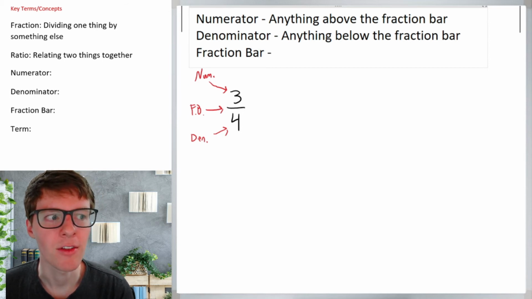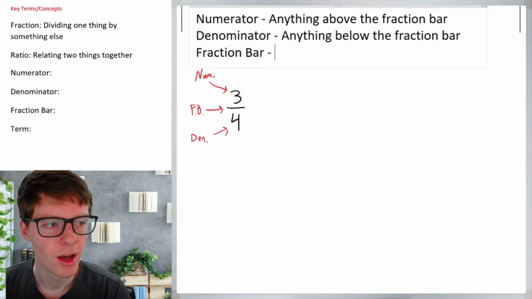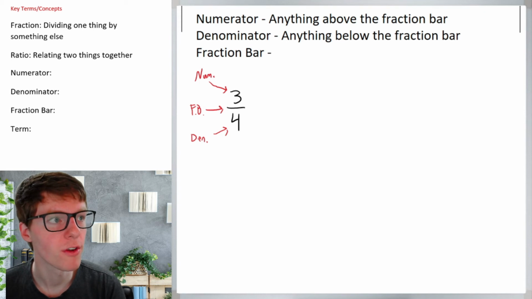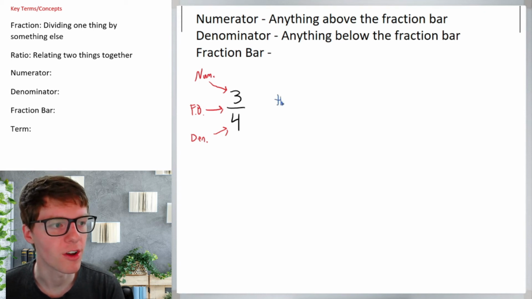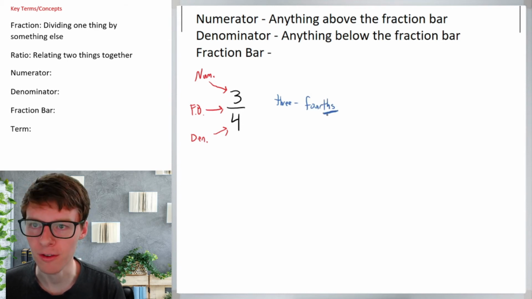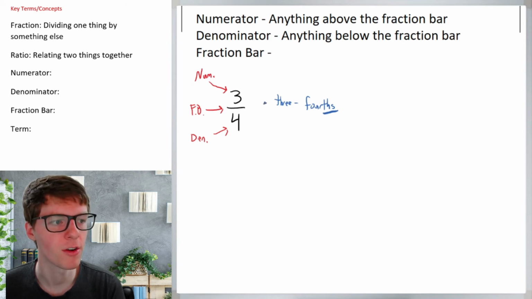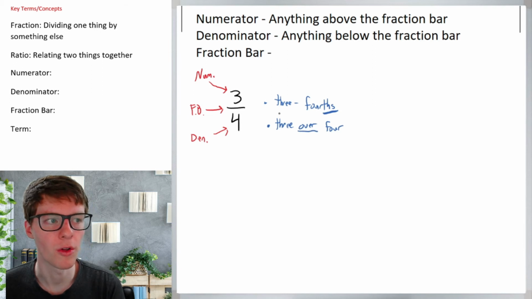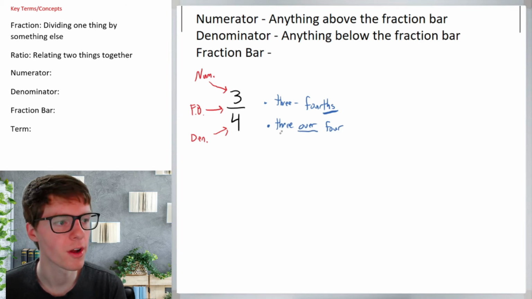And then the fraction bar is going to be the thing that separates the numerator and the denominator. And the way you would say it if I was reading this, I could either say 3/4, so like I just mentioned before, where the fraction bar would be coming from this term, because that would be what's saying it's a fraction. Another way to say it would be 3 over 4. So the fraction bar would be coming from this over word.